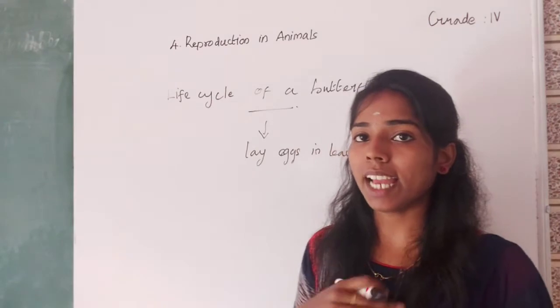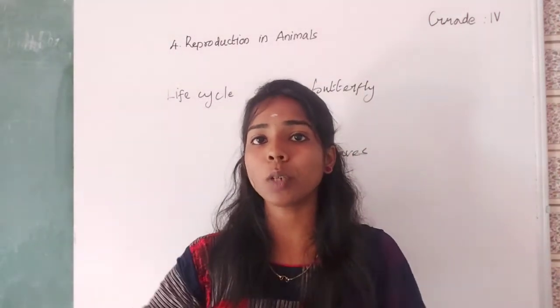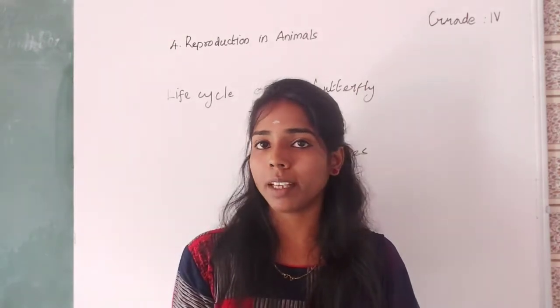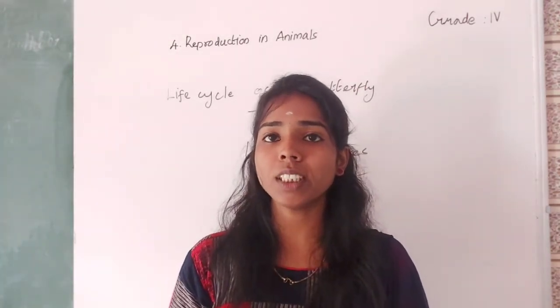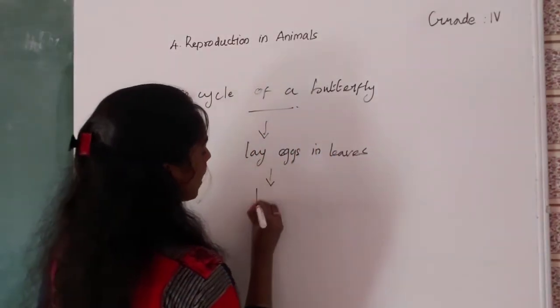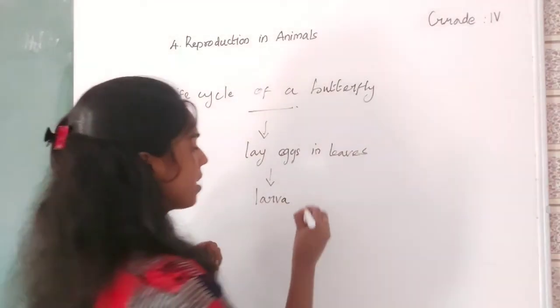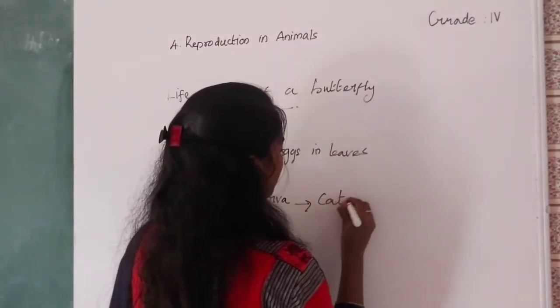Once the eggs hatch, the young one will come out of the egg. At the time of birth, the young one looks like a larva and it is called a caterpillar.